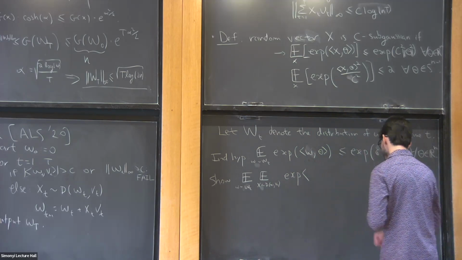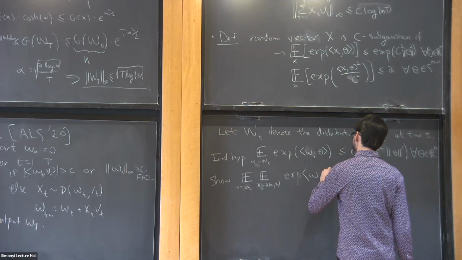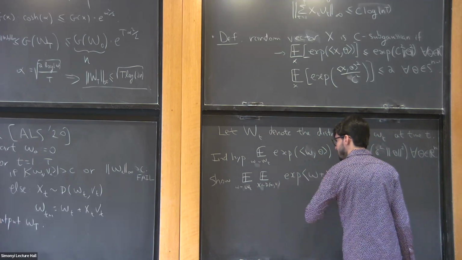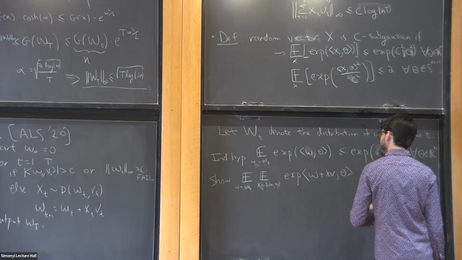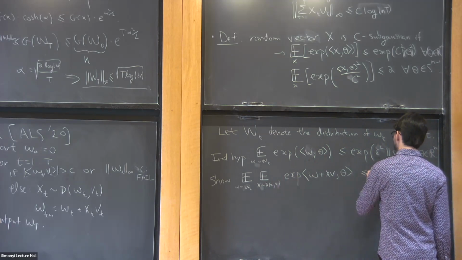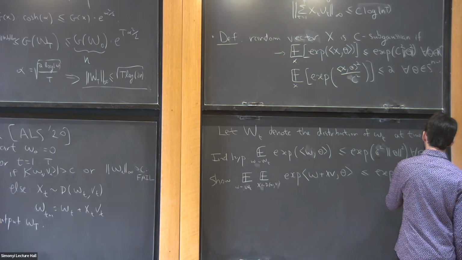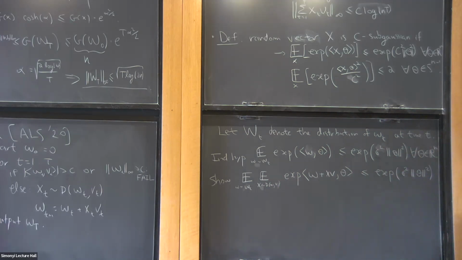So what do I want? Let's just drop the subscripts to make life easier. We want that this is also upper bounded by the same thing for all vectors theta.